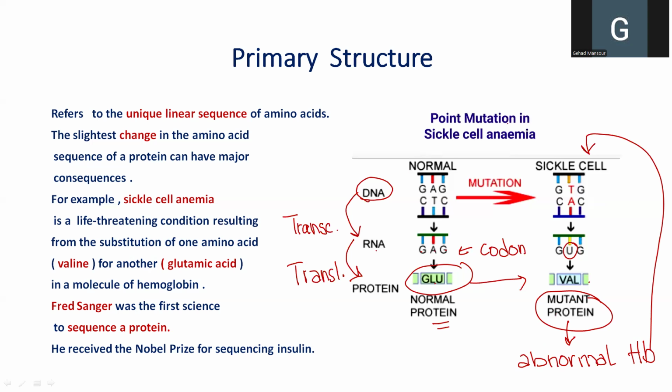Why is it called sickle cell, and why is it called anemia? This is because these red blood corpuscles, suppose this is the red blood corpuscle, and suppose that it contains the mutant hemoglobin or the mutant protein.